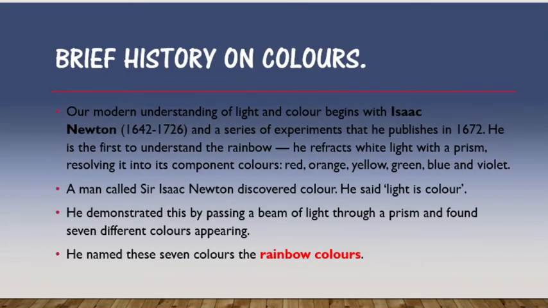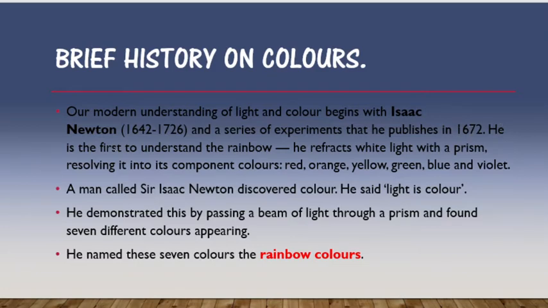Let's look at a brief history of colors. Our modern understanding of light and color begins with Sir Isaac Newton and a series of experiments that he published in 1672.